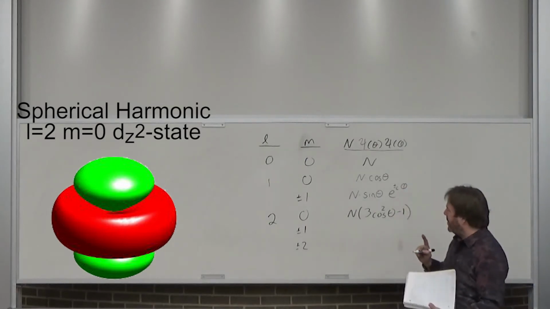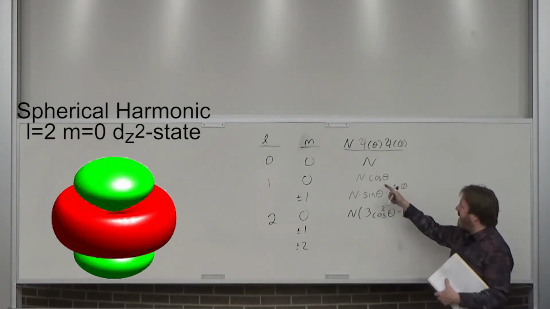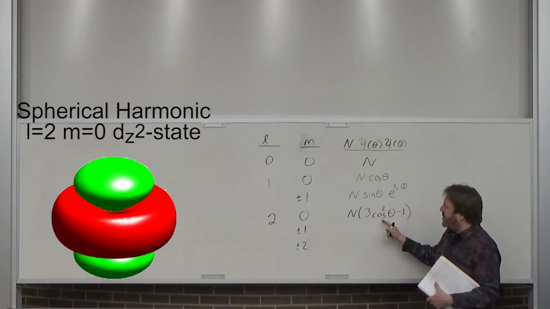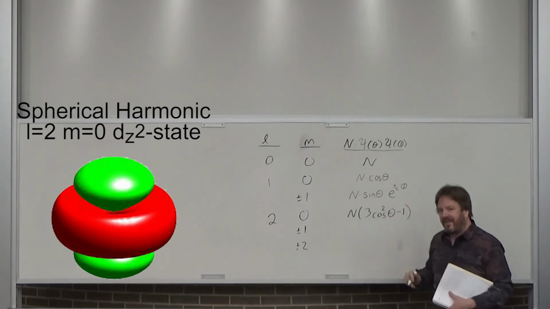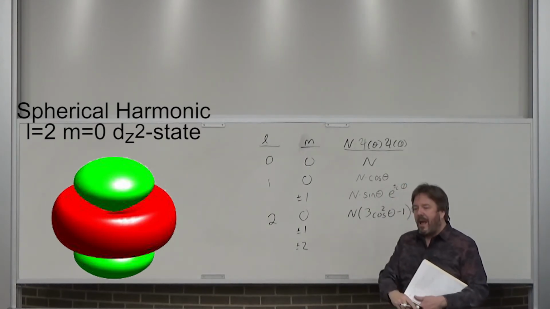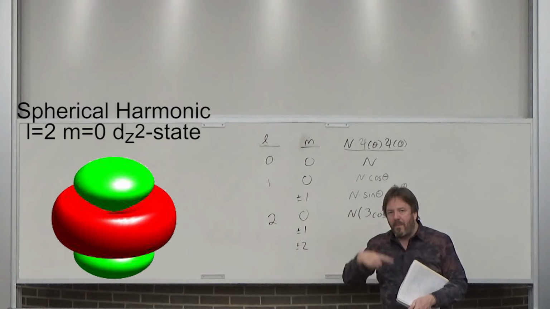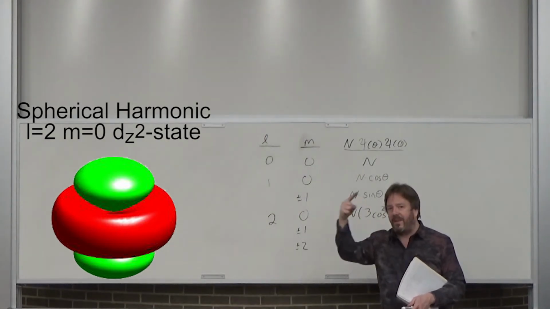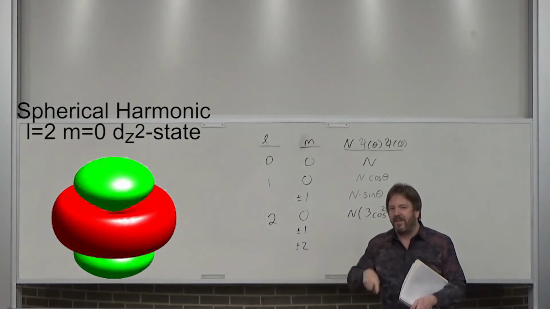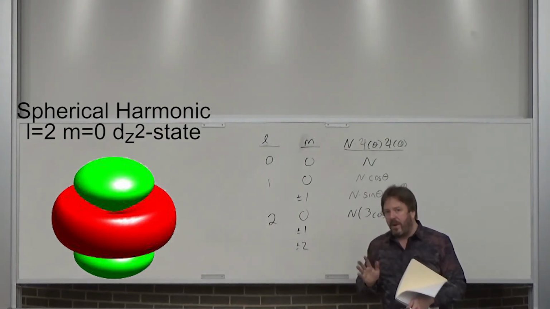Now, that also reveals something about why these have rotational energy. Why did this dz squared and this pz have rotational energy and the s doesn't? Now, again, the s state, I have a hard time imagining how this particle isn't moving in a circle, literally inside of this circle. That's weird to me.